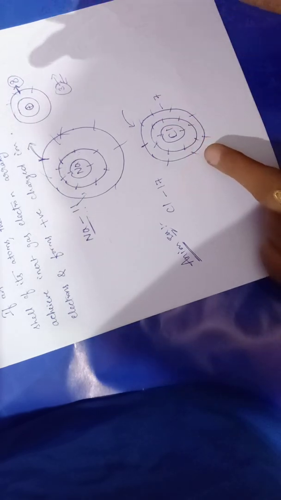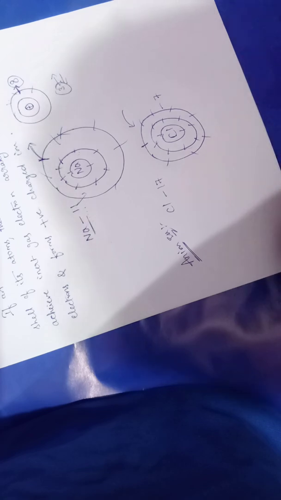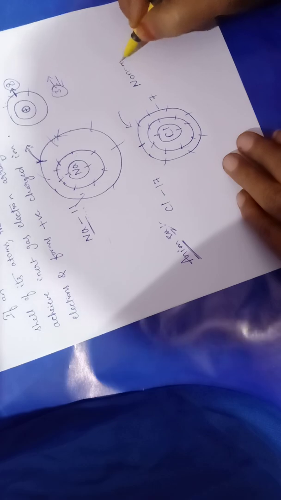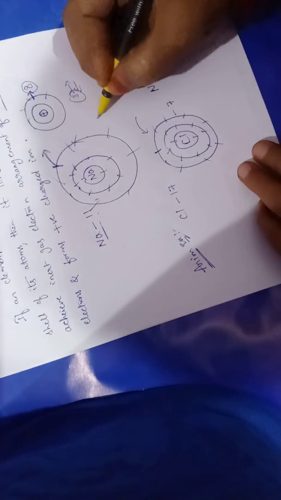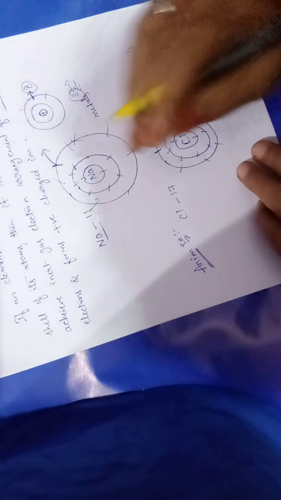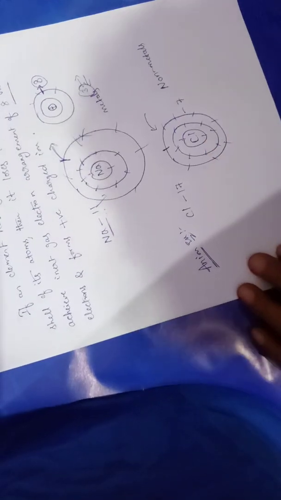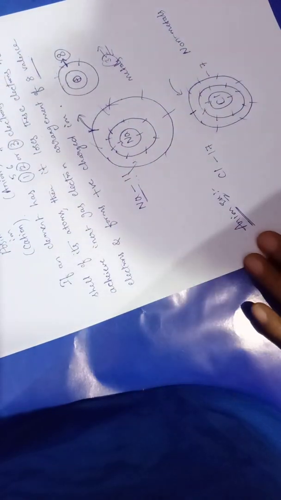Any atom can accept only up to 3 electrons, not more than that. So all the non-metals come under anions and all the metals come under cations. Most of the non-metals come under anions. Clear, children? This is about positive ions and negative ions.